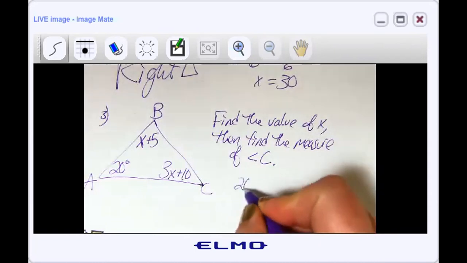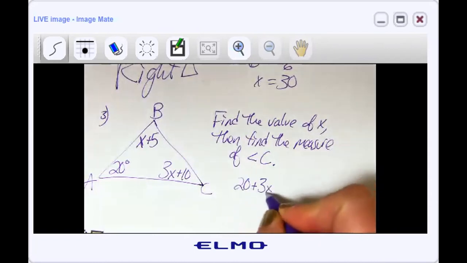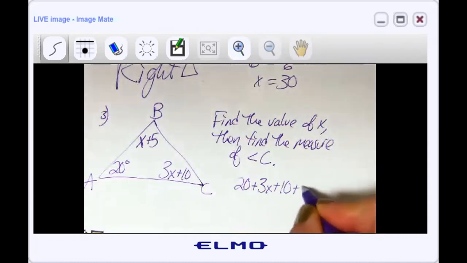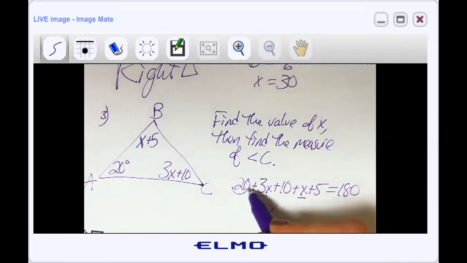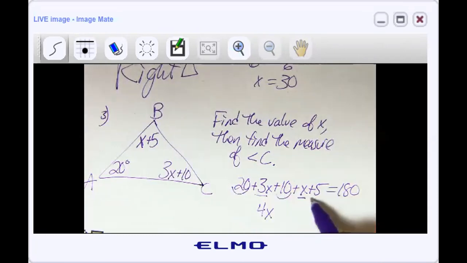So I'll just do 20 plus 3x plus 10 plus the x plus 5. So you got to add all three together so that equal to 180. Now I'm just going to combine like terms. So if I'm just looking at that left-hand side, I have 3x and x, so that's 4x. And then if I add together 20 and 10 and 5, that's 35.